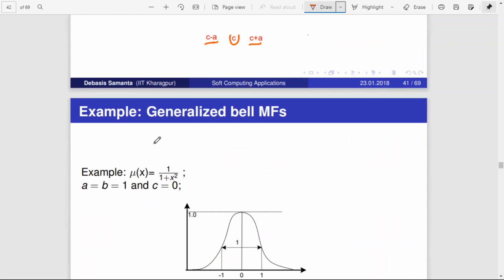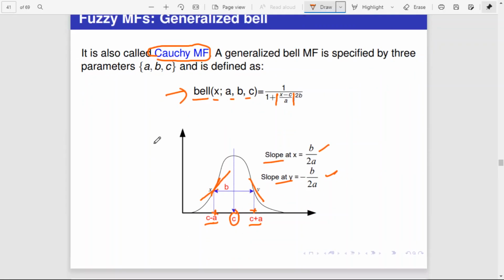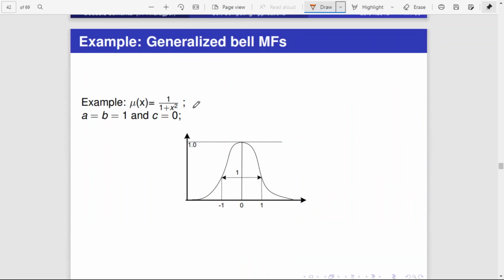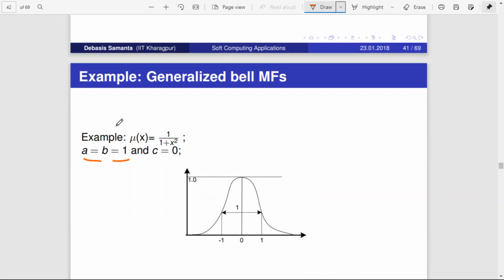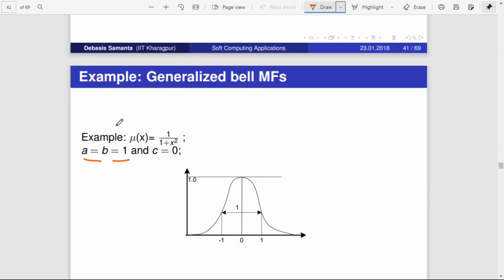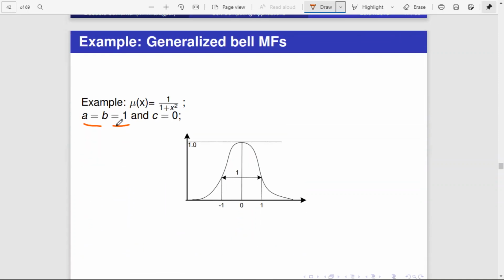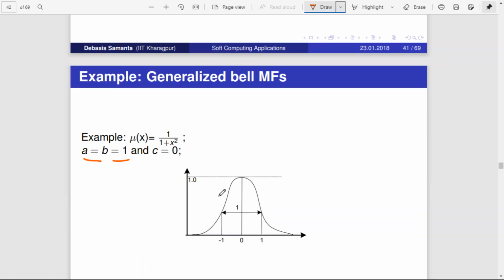Okay. So this is again for this generalized membership function, say for example this Cauchy MF. If you apply a is equal to 1 and b is equal to 1, and c is 0, then this is what you will get as a result.